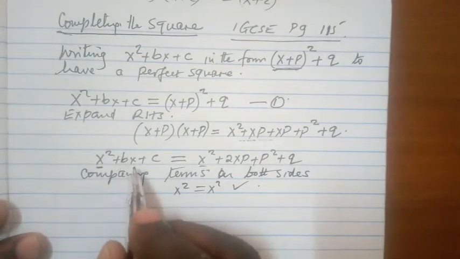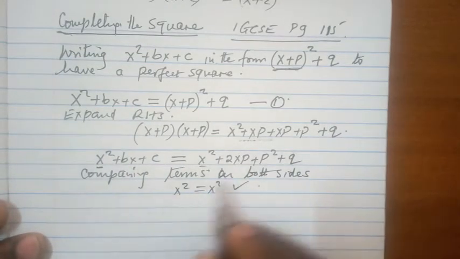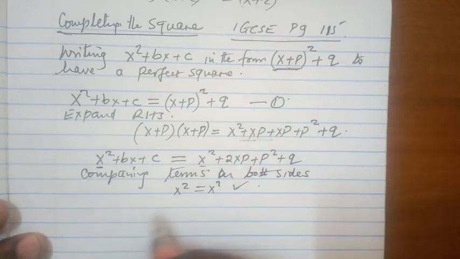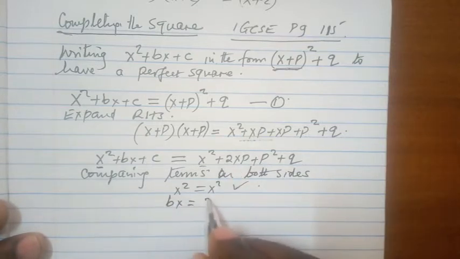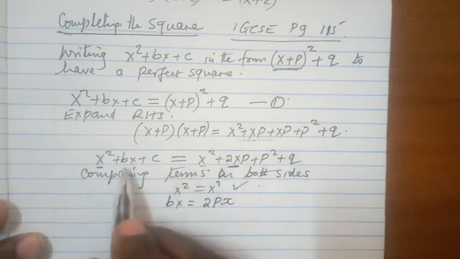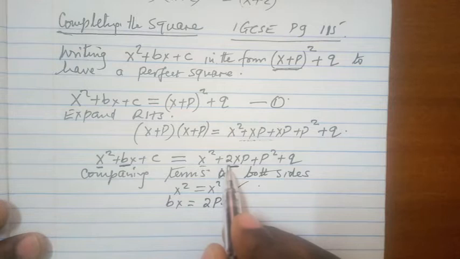But the term that is carrying x, bx, is going to be 2px, because it's the one that has x and this one has x.